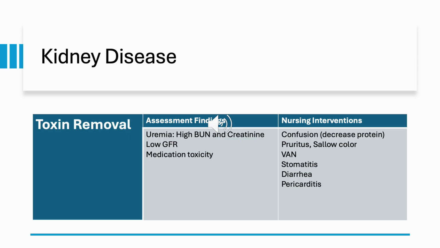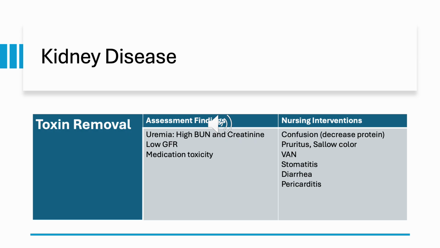So we decrease protein in the diet to help with that. It's going to make their skin very itchy and have a sallow color. Sallow color is a yellowish tan gray undertone. Okay. And if you ever see somebody with end-stage renal failure with that color, they kind of almost look tan sometimes. You'll never forget it.